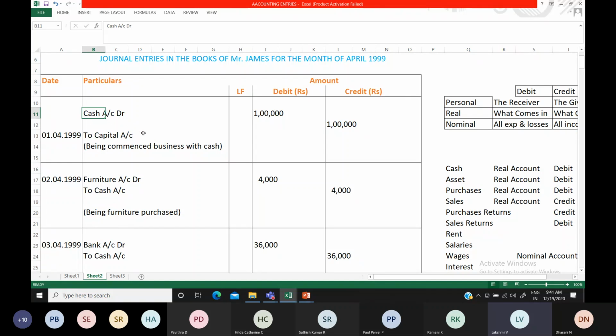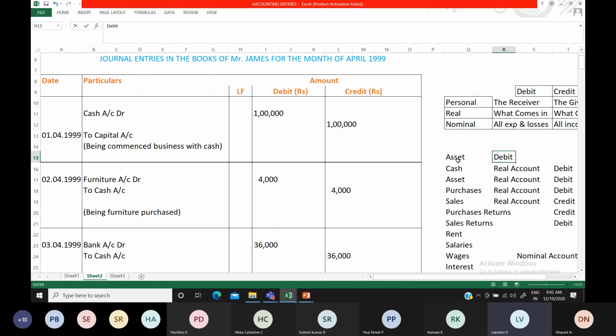Capital is always considered as a liability, which a business has to give back. So generally, liabilities means you will be crediting, assets means you will be debiting. You can also make note of this. If you are purchasing any asset, you will be debiting only.